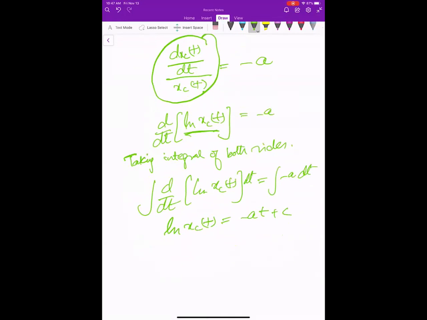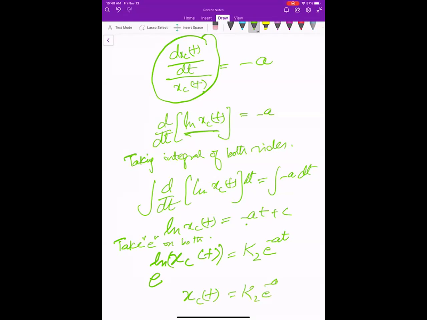Which makes my xc of t as k2 e minus at. Right? Because if I take e on both sides, this will become e raised to power ln xc of t and e raised to power minus a of t, which makes xc of t equal to k2 e minus at.